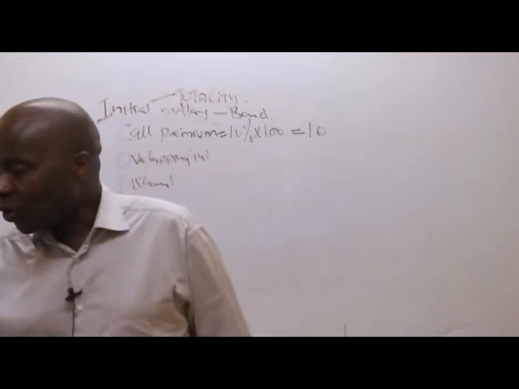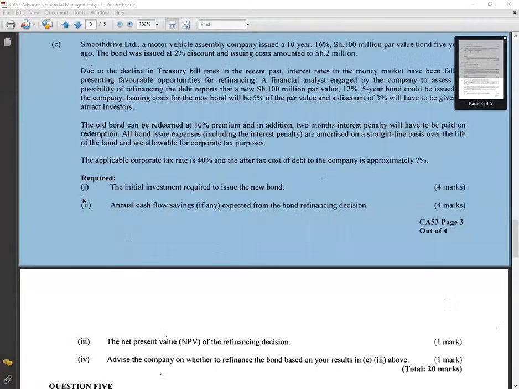Overlapping interest, what do we have here? We are told that in addition, 2 months interest penalty will have to be paid on redemption. Listen carefully. For the old bond, what is the normal interest? We are told it is 16%.